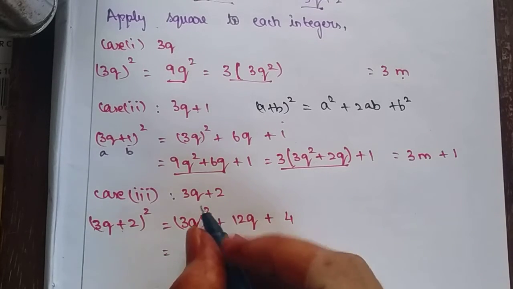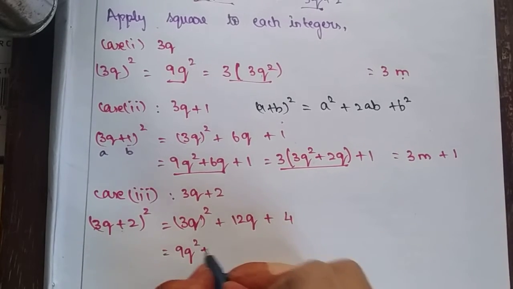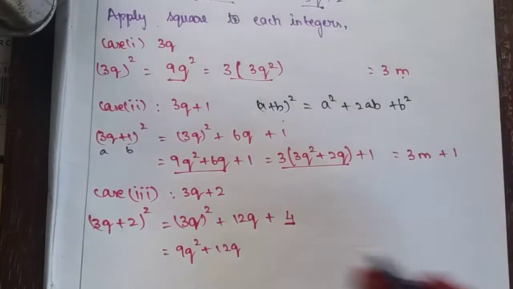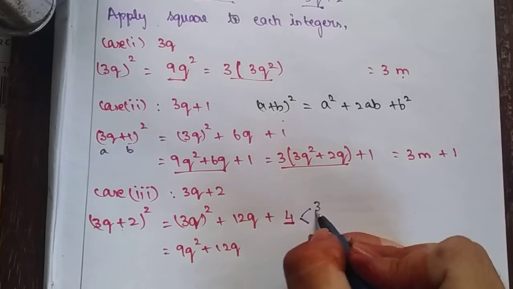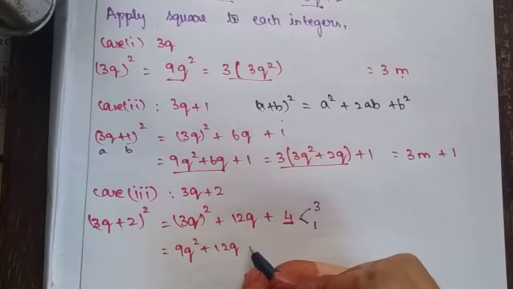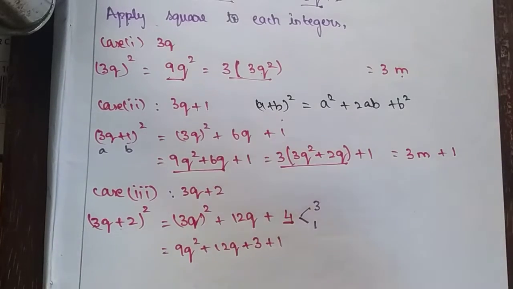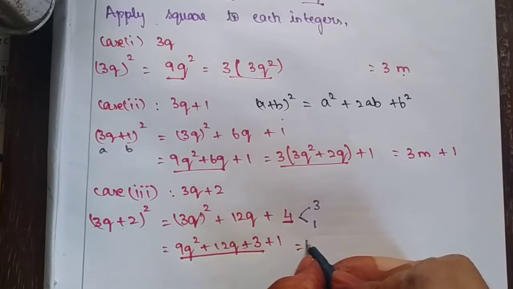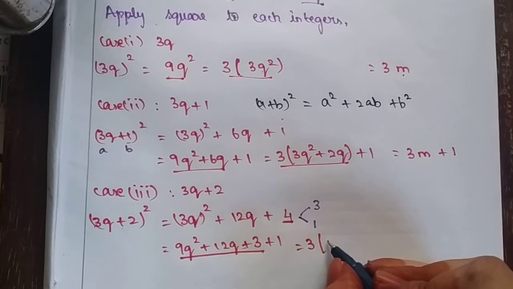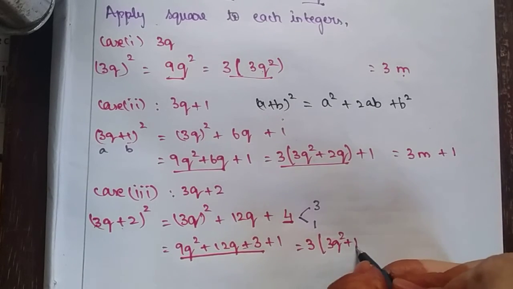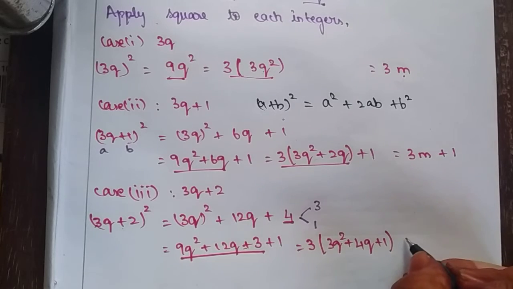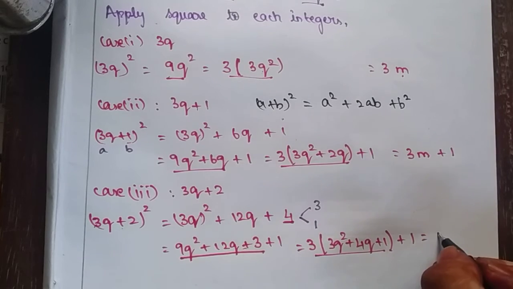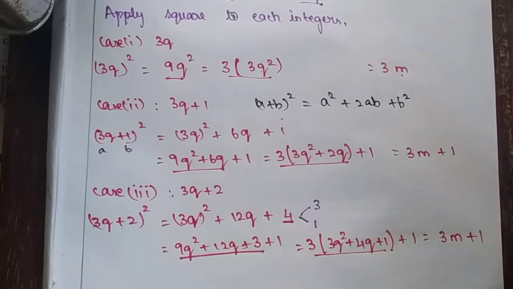So we get 9q square plus 12q, and just split this 4 as 3 and 1. So plus 3 plus 1. Now take 3 as common from these 3 terms. So we get 3 times 3q square plus 4q plus 1, and plus 1. Since this is a multiple of 3, we can write this as 3m plus 1.